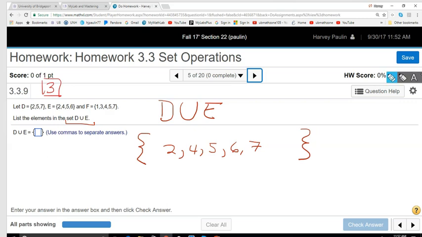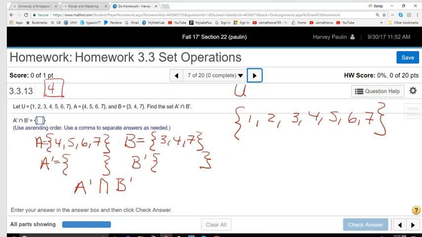And a note here, just for something coming up. Notice that in set E, the 2's are repeated and the 5's are repeated, but you only write them once. All right, let's go on. Again, we're looking for a protocol to do these.